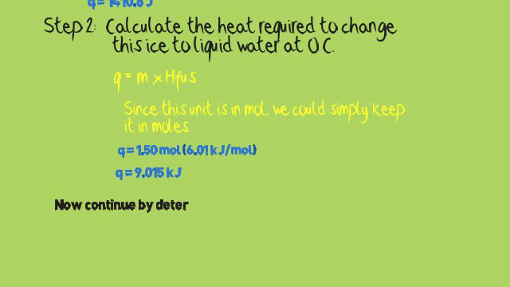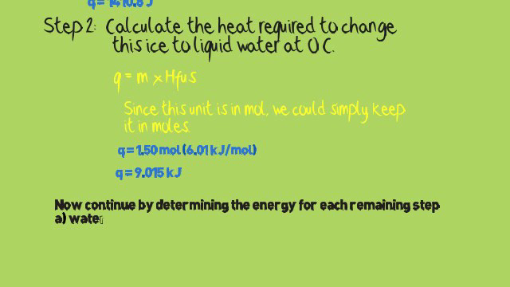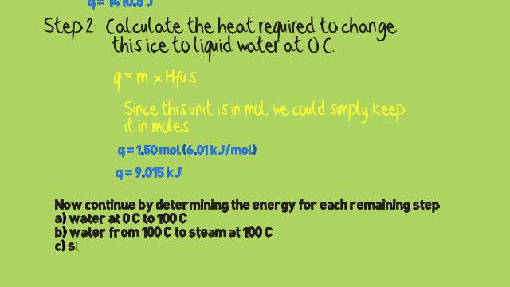Now you continue by determining the remaining steps. You have to go water at 0 to water at 100 degrees, water from 100 degrees Celsius to steam at 100 degrees Celsius, and steam from 100 degrees Celsius to 125 degrees Celsius.